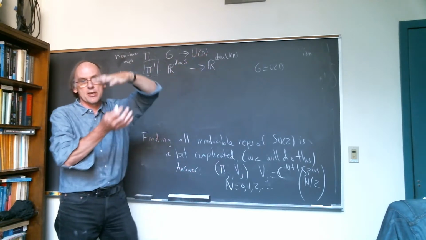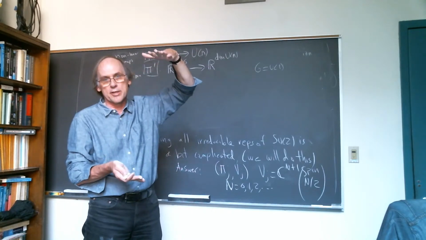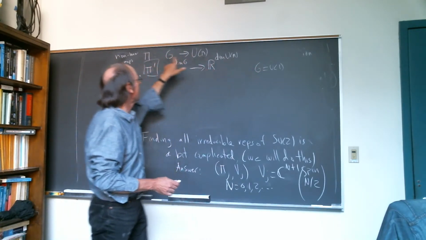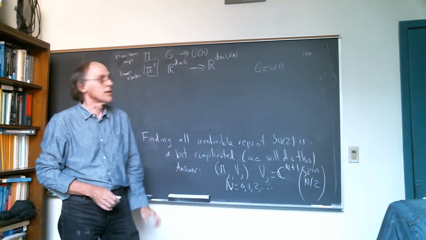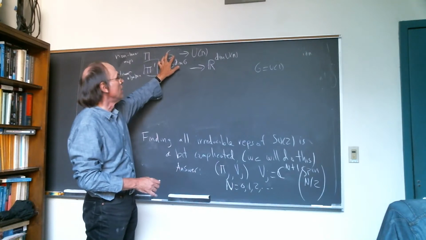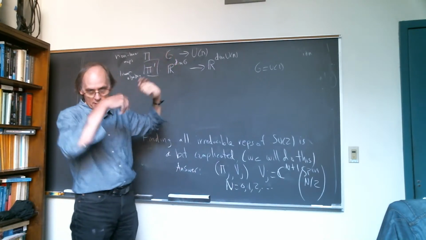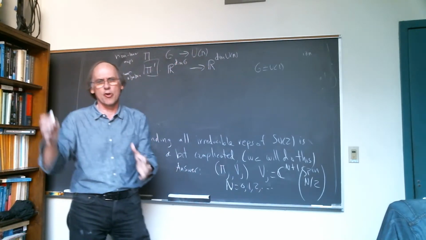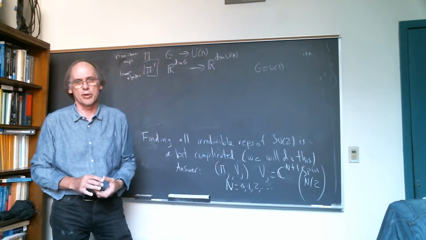If the representation is on complex numbers on n vectors, then for each element e to the i theta, you're going to get some n by n complex unitary matrix. Here you've got something fairly simple, just the unit circle. Here you've got this complicated thing, and that's why when I tried to draw a picture of it, I just made this kind of gray blob because it's hard to know.